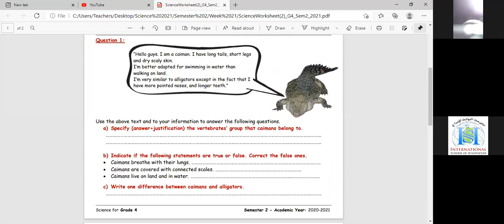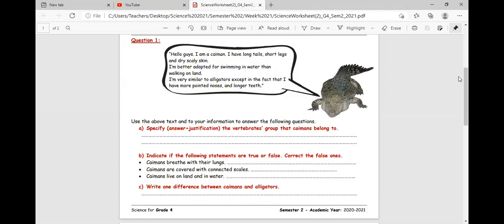Yalla Hassan Sabra. Hello guys, I'm a caiman. I have a long tail, short legs, and dry, scaly skin. I'm better adapted for swimming in water than walking on land.